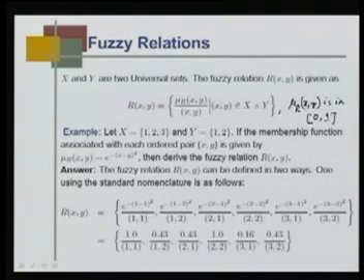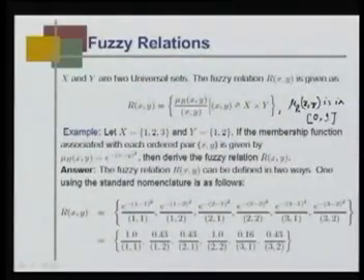This is the difference between crisp relation and fuzzy relation. In crisp relation, it was either 0 or 1, it is either completely connected or not connected, but in case of fuzzy, the connection is a degree, that is it is from 0 to 1.